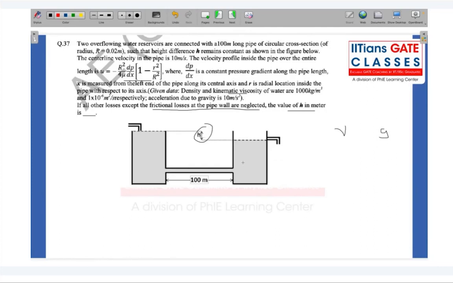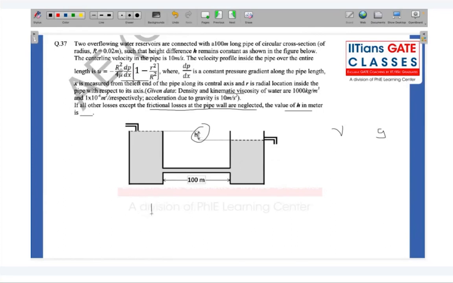At the same time, it will cause a potential height difference because of friction. From the frictional calculations, from any standard textbook, the head loss due to friction is 2 into shear stress into length, divided by rho into g into r.